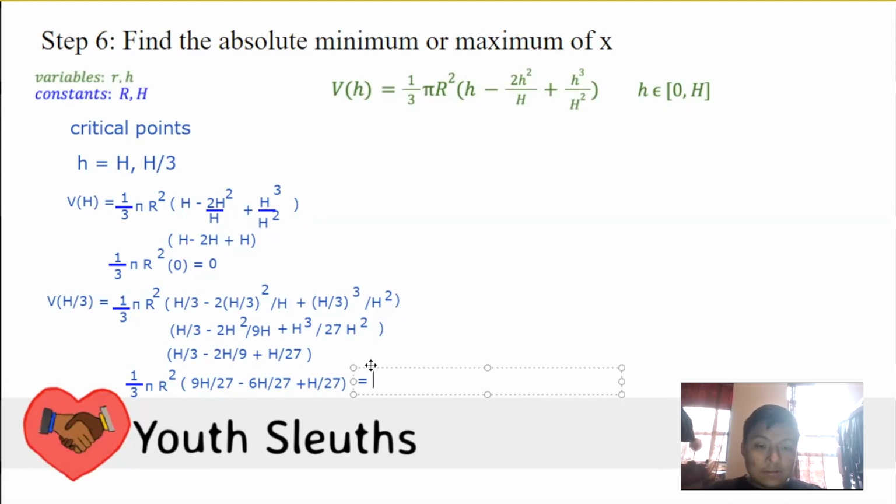Now our final solution for this one, this would be our final solution for V of big H over 3.